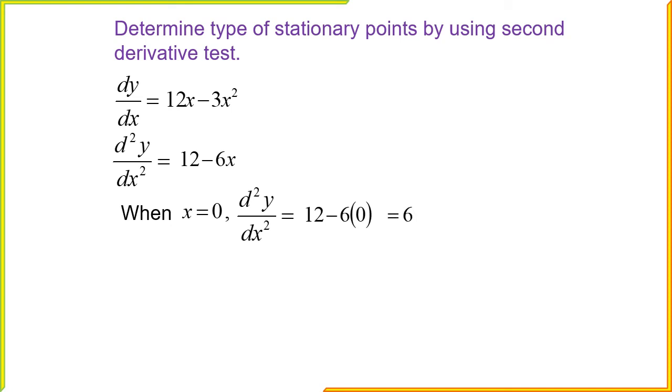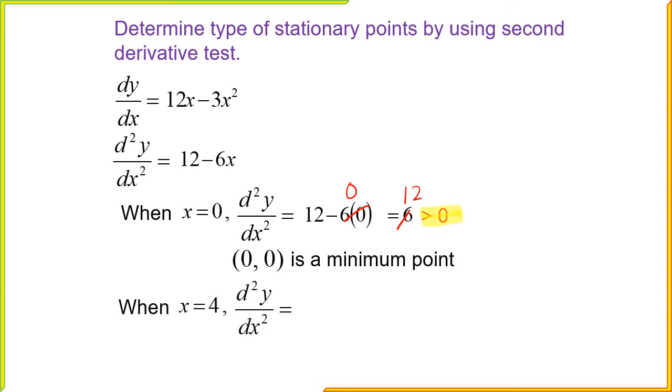Sorry, it's not 6, it should be 12. Because 12 minus 6 multiplied by 0, this is 0, so 12 minus 0 is equal to 12. So 12 is more than 0, which means that the coordinate (0, 0) is a minimum point.